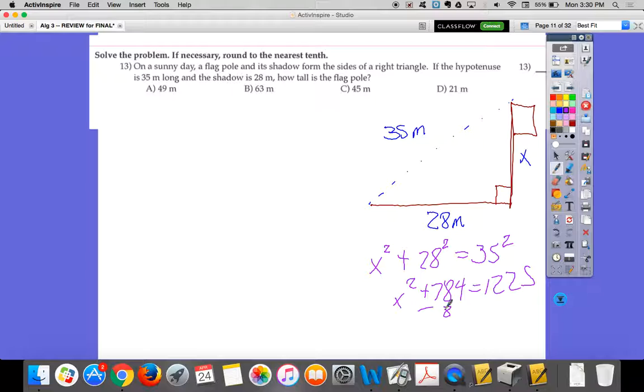I'm going to subtract my 784, and when I do that, I'm going to come up with 441, I do believe. Let me just make sure. I do, and then we're going to do the square root, the inverse operation, remember, to untie things. That gives us a perfect 21 meters. There we go, option D. All right, let's move on.